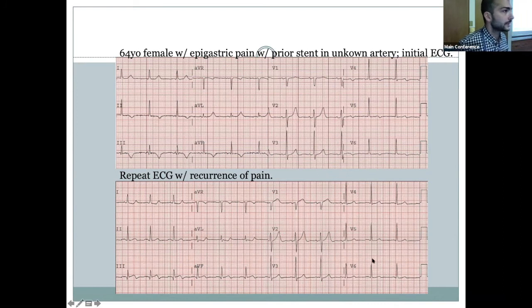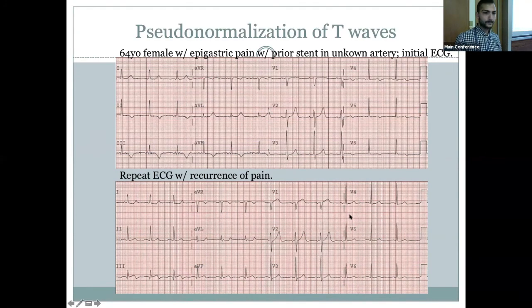Taking that along with the inferior and lateral T wave inversions, this patient went to the cath lab and actually had a 100% RCA stent thrombosis. This is how she presented. It's a good example of pseudo-normalization of T waves, going from initially negative to upright, normal-looking T waves as a change reflective of ischemia.